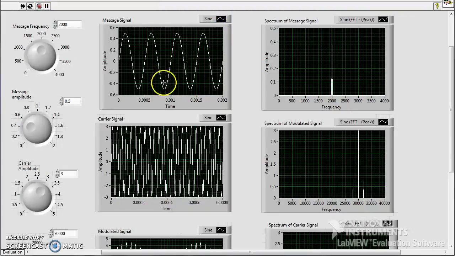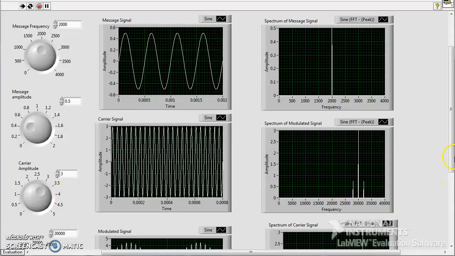I'll just discuss the waveforms first. Later on, we'll move on to the spectrum. Message waveform with amplitude 0.5 volt, carrier signal with amplitude 3 volts.